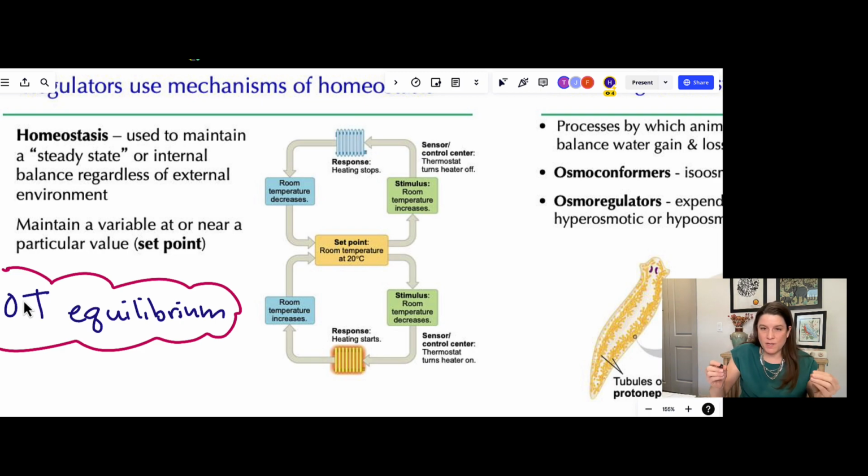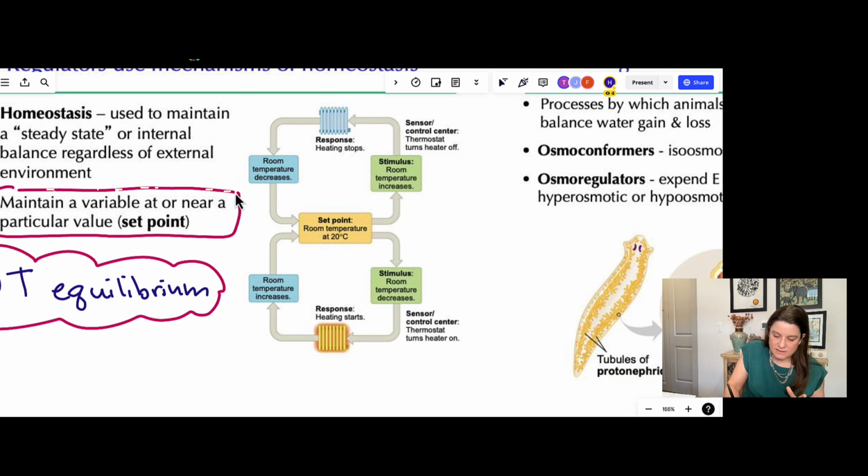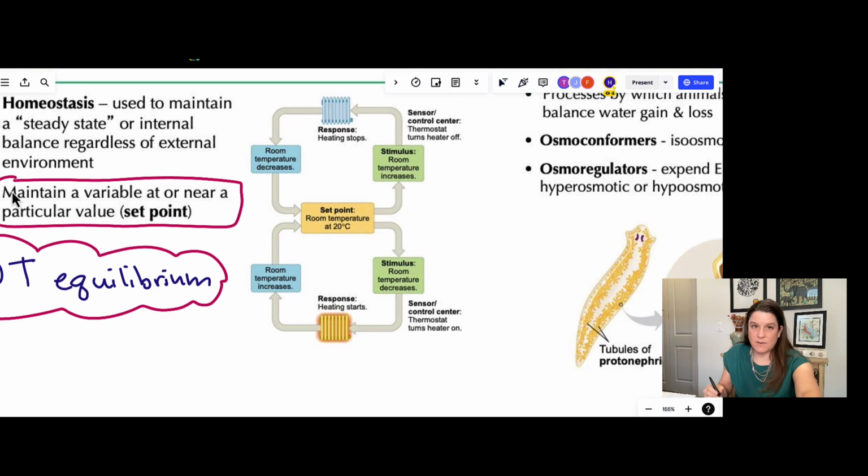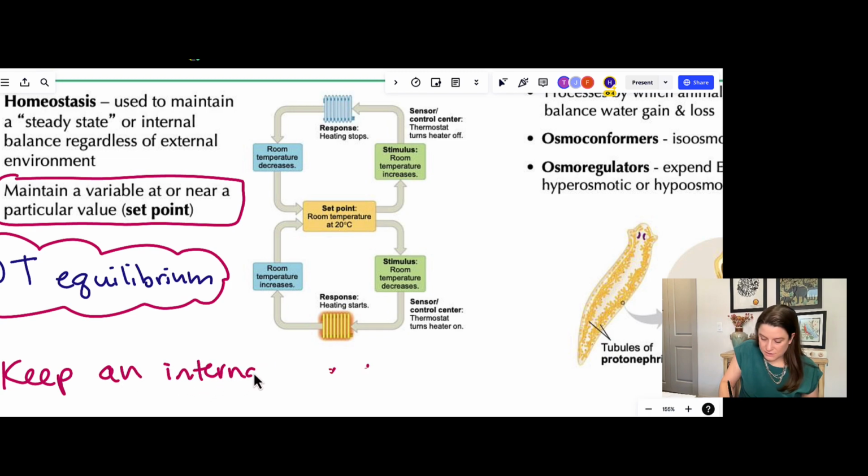All that it means, homeo means same or steady, and stasis is your state. So you're doing a steady state, which basically means you're having a particular set point or a range. That's how I think of it. Homeostatic mechanisms are the tendency to keep an internal condition in a certain range.